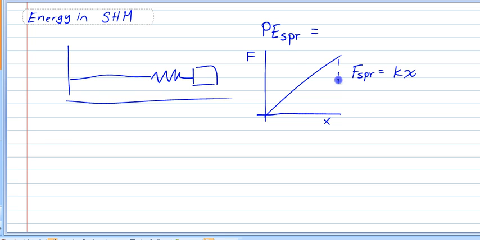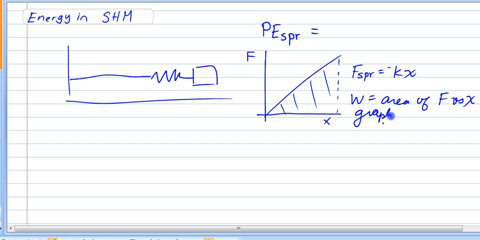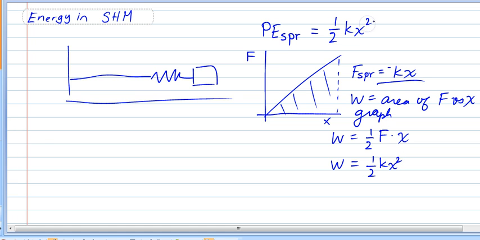And if I want to find out the amount of work that occurs on a spring, I simply find the area of this, and so the work is the area of this force versus distance graph, and what I get is 1/2 times the force times the displacement. And then if I plug in that the force is kx, I get that the amount of work is 1/2 kx squared. So at any time, the energy that's stored in a spring is simply 1/2 kx squared.